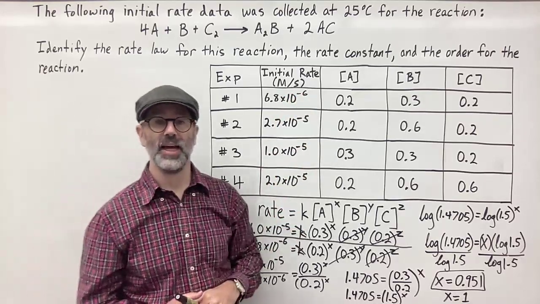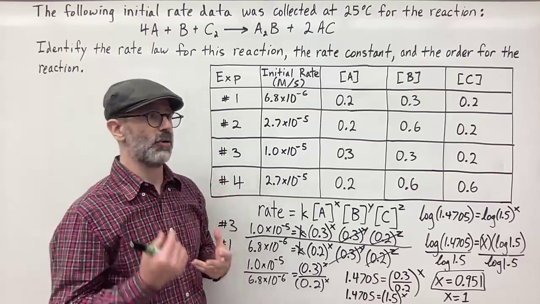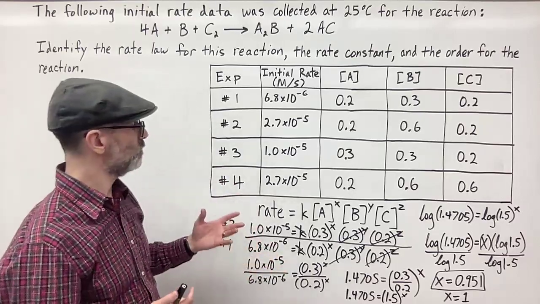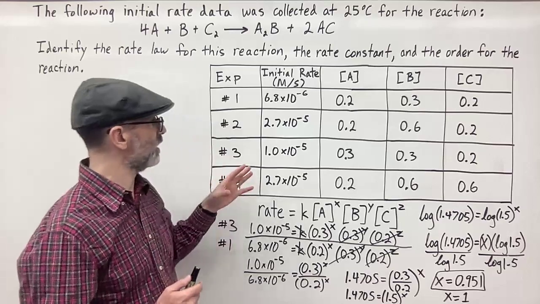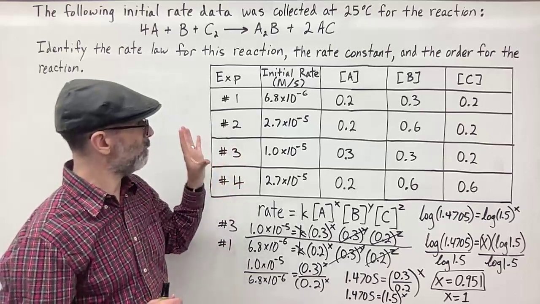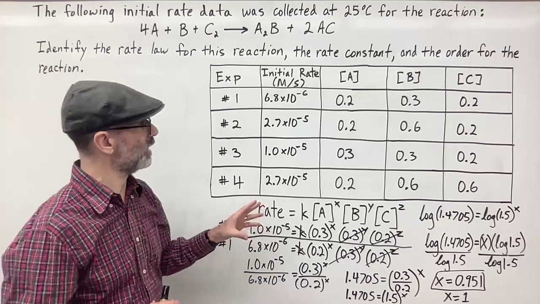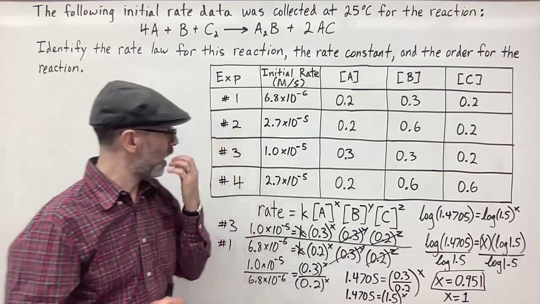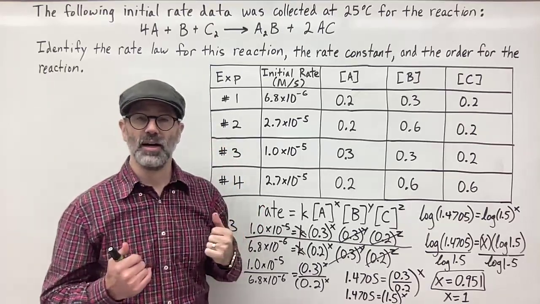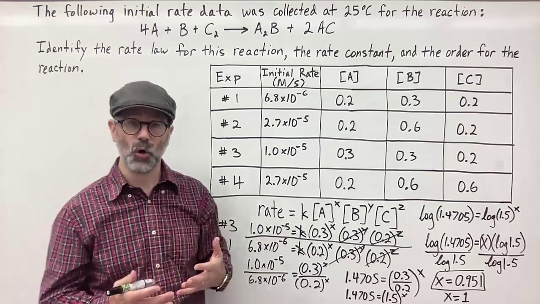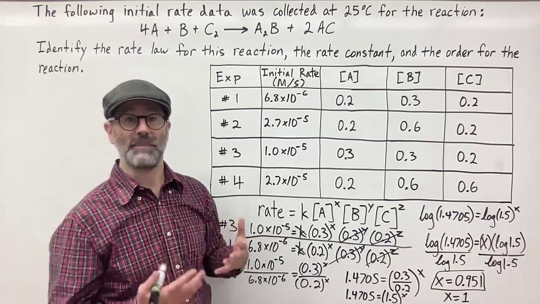that indicates a factor of 1, meaning that the power of the substance you're looking at is 1, indicating that it is a first order rate. So it's going to be first order with respect to that particular substance.